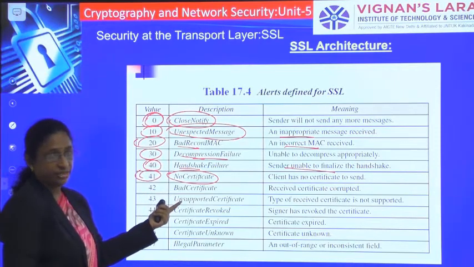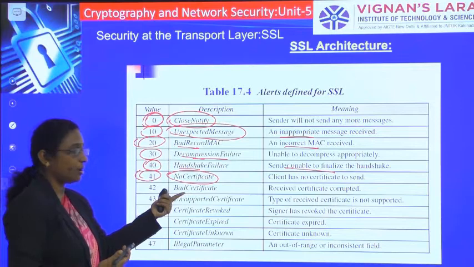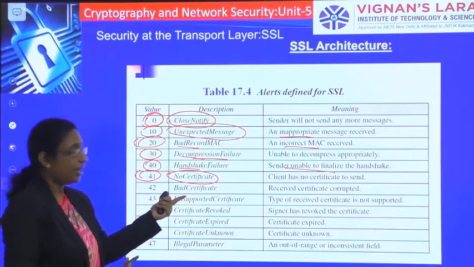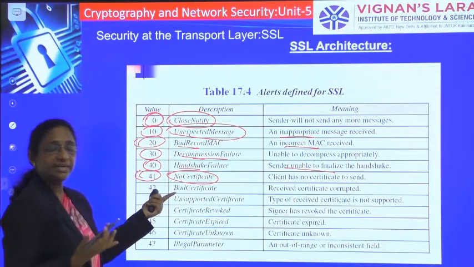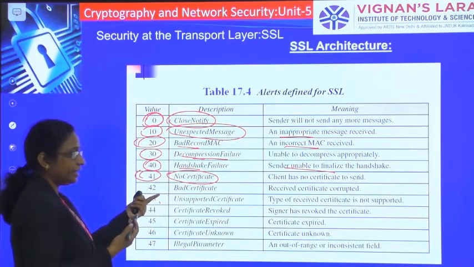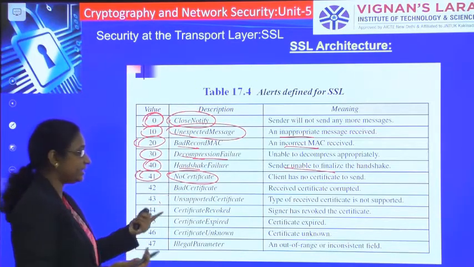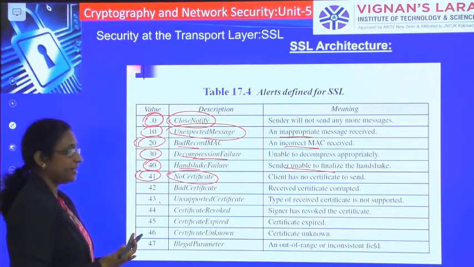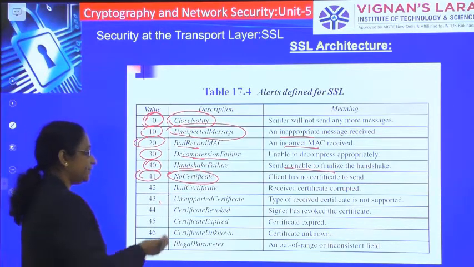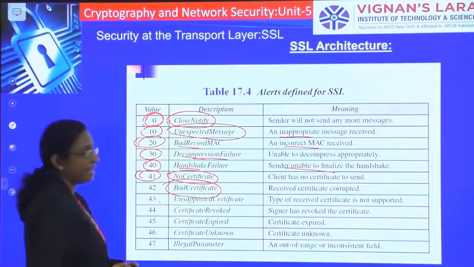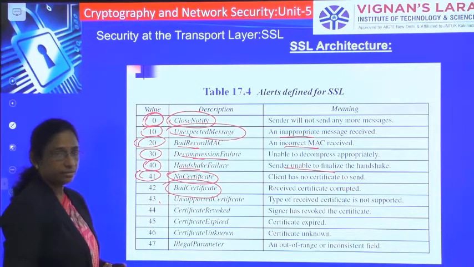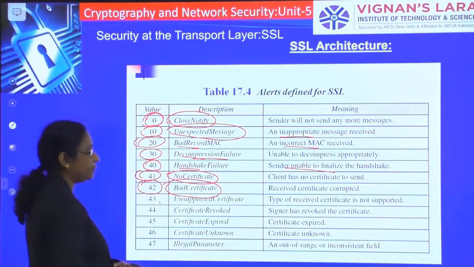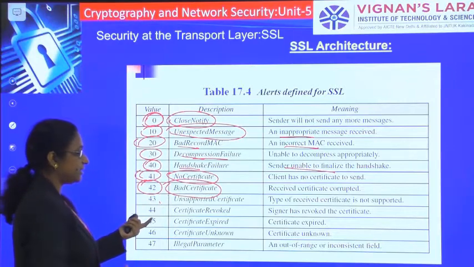Similarly, bad certificate. These certificates are for authentication purposes. The client sends the certificate, and if the receiver finds that the certificate is corrupted, it sends the alert bad certificate, with a code of 42. Similarly, unsupported certificate.